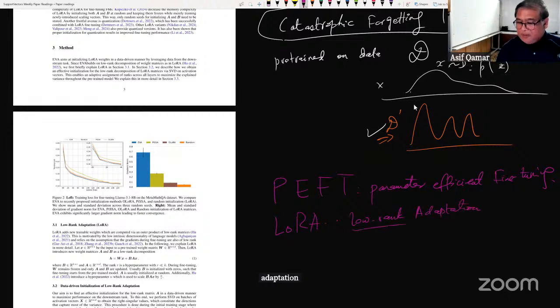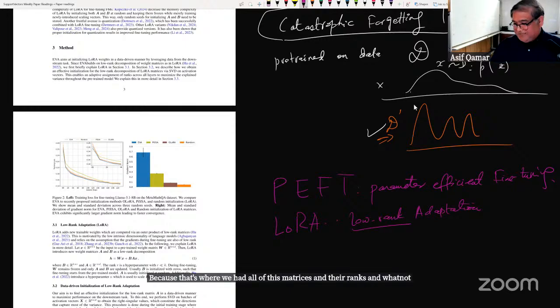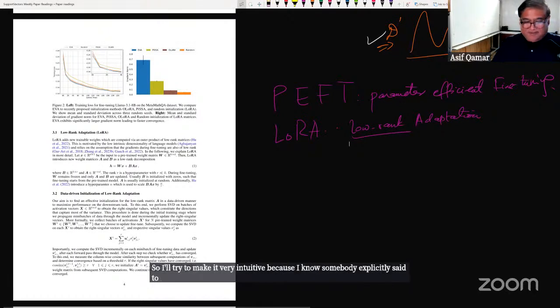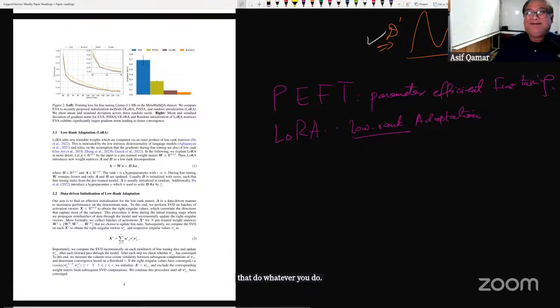Now, the moment you say low rank, it starts frightening people with nightmares of linear algebra, because that's where we had all of these matrices and their ranks and whatnot. So I'll try to make it very intuitive, because somebody explicitly said to me this morning, do whatever you do, except too much math. Nevertheless, this paper is a little mathsy, unfortunately, but I'll try to make it as intuitive as I can.